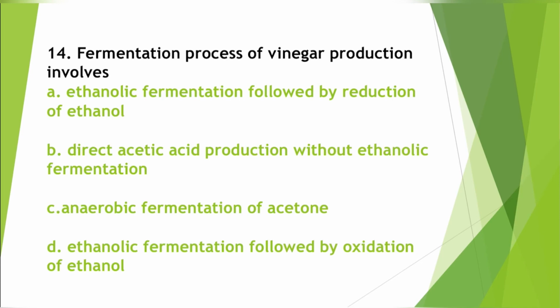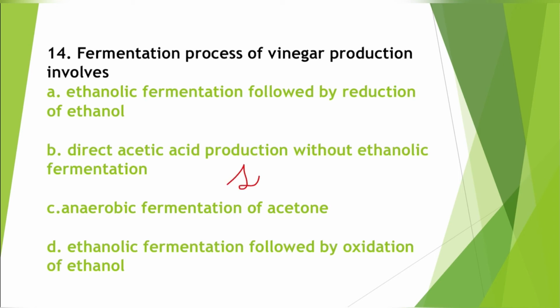The correct answer is D, ethanolic fermentation followed by oxidation of ethanol. So there are two steps in the fermentation process of vinegar production: first ethanolic fermentation, followed by oxidation of ethanol.